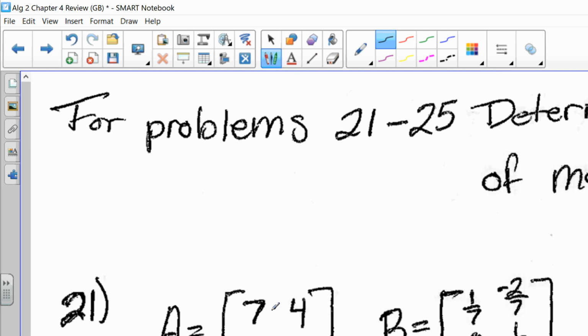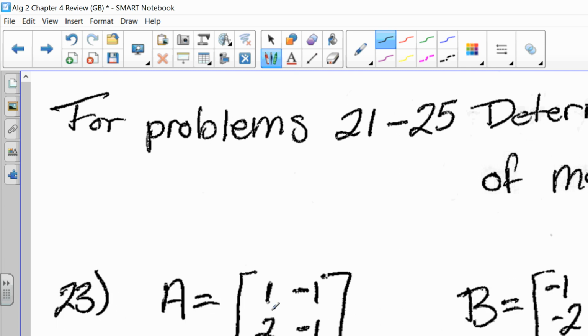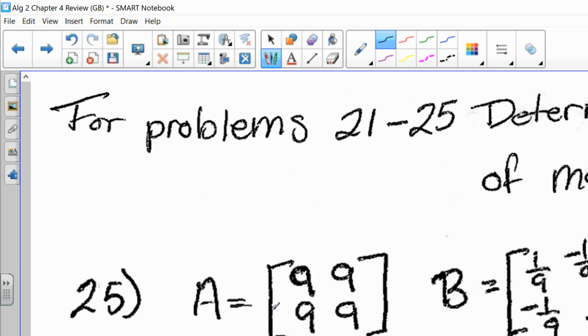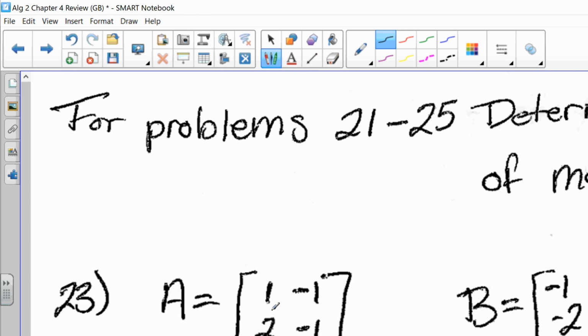Let's look at 26 through 29 then. Which one do we want to look at? Because 23, I believe we figured out that this is actually yes. The answer key is wrong. This one is yes.